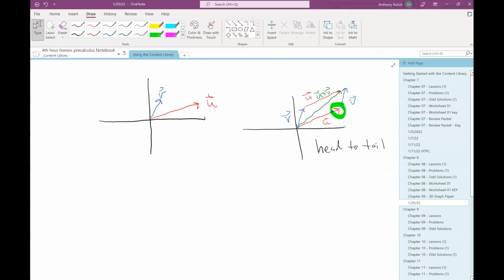Now, we've talked about addition and subtraction. The next thing that would be obvious to talk about is multiplication, division. Well, it doesn't exist between two vectors. But there is a kind of multiplication that exists. It's called scalar multiplication.